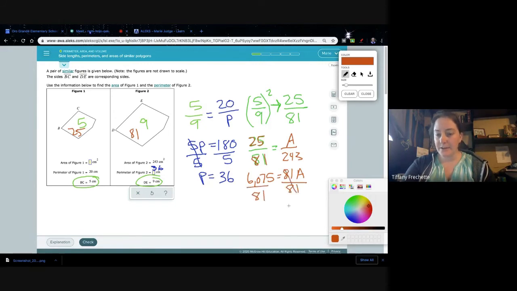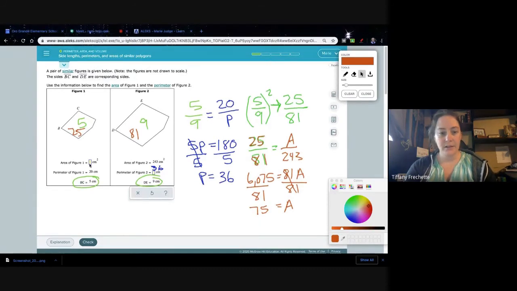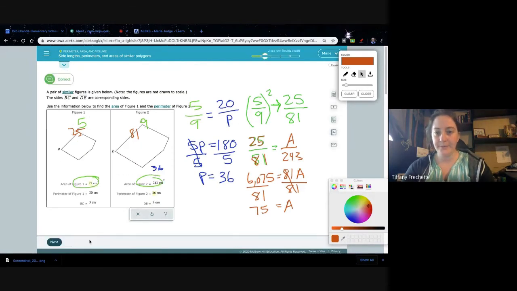Any number divided by itself cancels, and we have A equals 75. So the area of this first figure is 75, and the perimeter was 36. We're going to check it, and we're good.